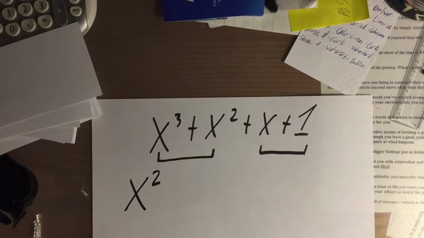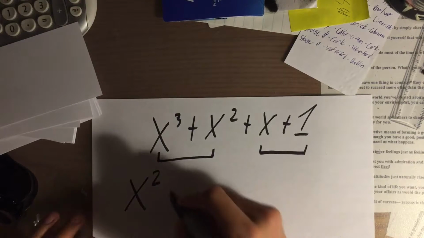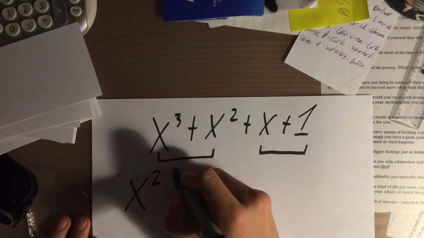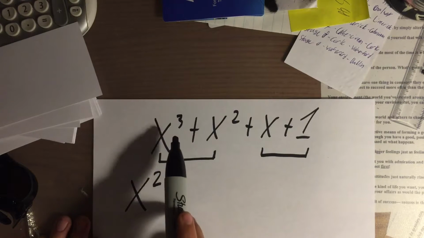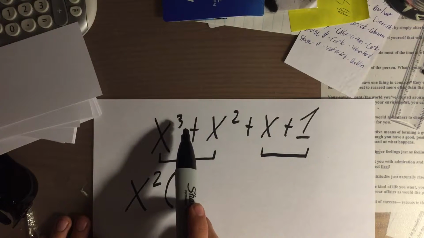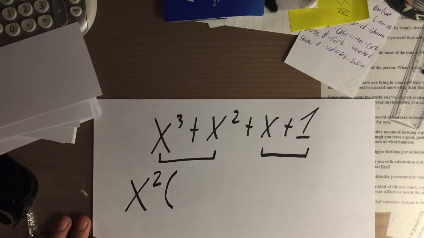Now it gets a bit trickier. We have to start and open a parenthesis. So what do we put inside of that parenthesis? Well, as you can see, there is one more exponent than here.